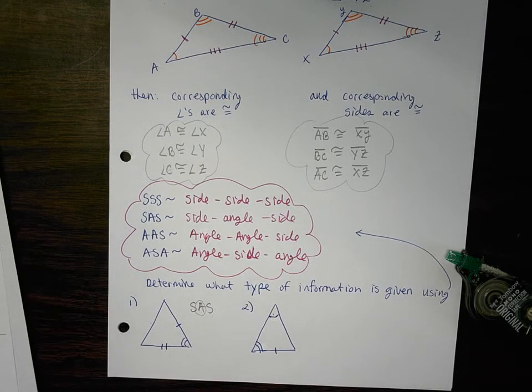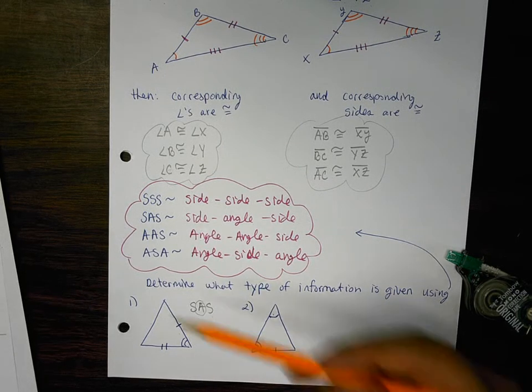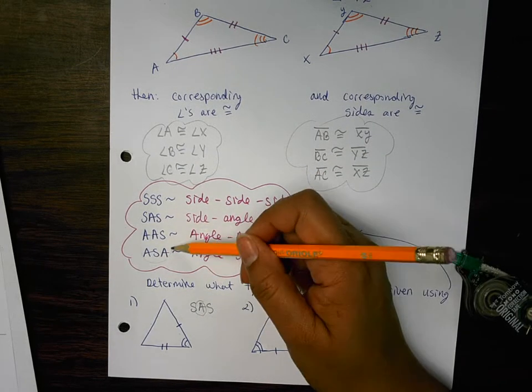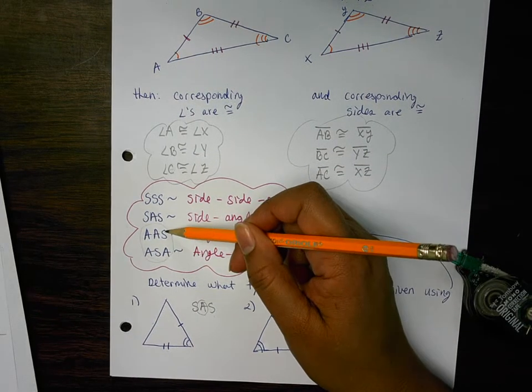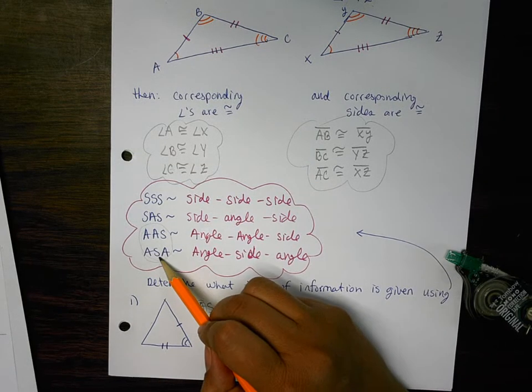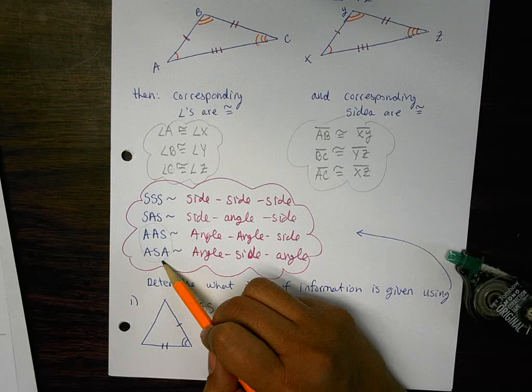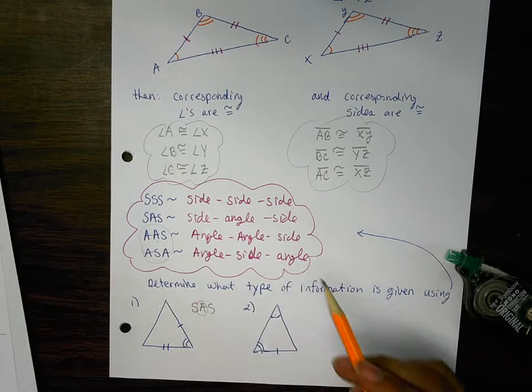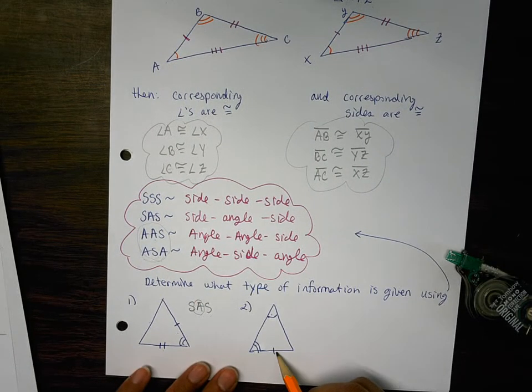Okay, so taking a look, how many angle markings do I have? 2. And how many side markings? 1. Okay, how many up here have 2 A's and 1 S? 2. Does the order matter? Okay, on this one, the side is what? It's in the middle, it's sandwiched, it's included. On this one, is the side sandwiched? It cannot be sandwiched. Okay, so let's look here.